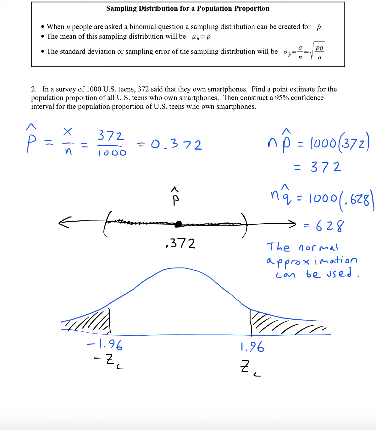Now we want to find the margin of error. The margin of error formula for a binomial experiment here is going to be Z_c times the square root of p hat q hat over n.